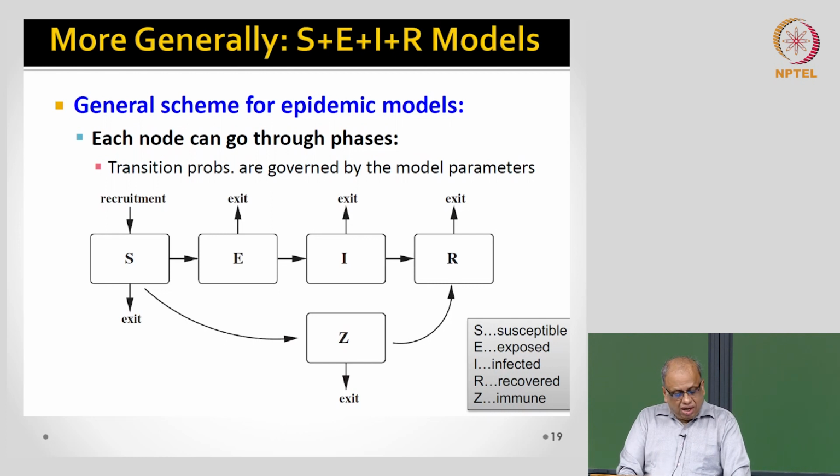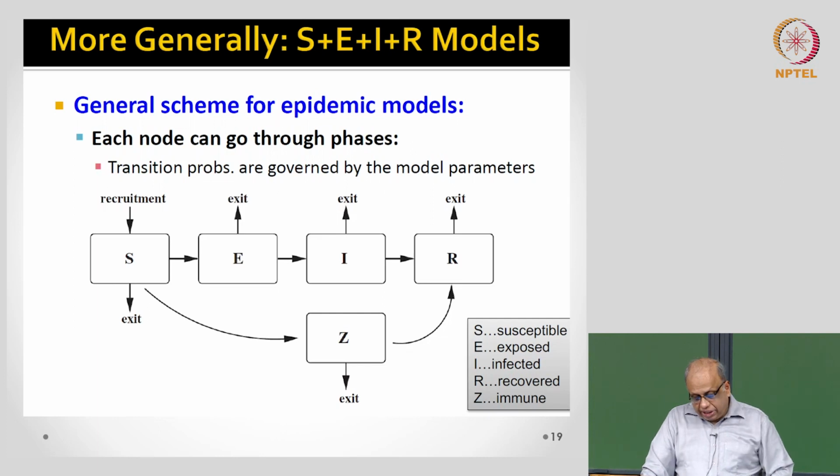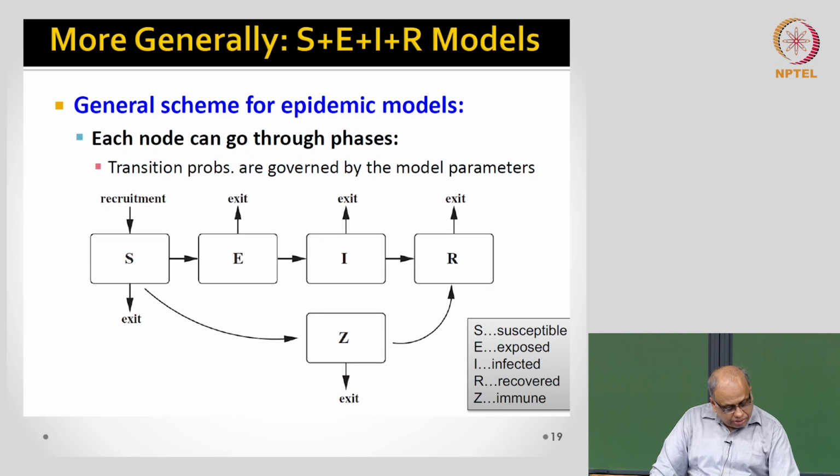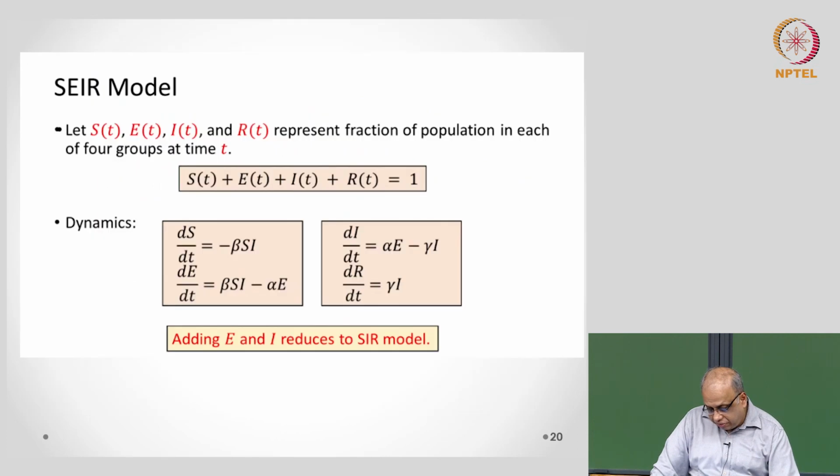For example, in the infected state, exit means you have, unfortunately, died from the disease. But for the other states, there may be a possibility that the person has moved from that area. So there are exit states in the other states also. But the exit state in the I state is the most meaningful one. It captures the death rate of the disease.